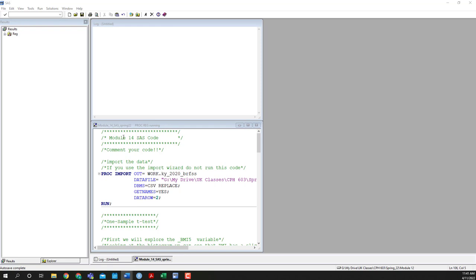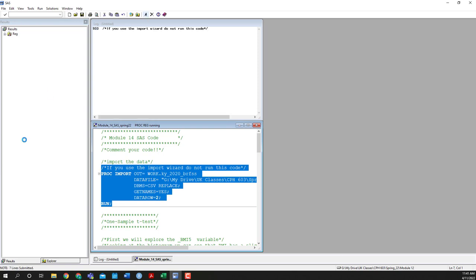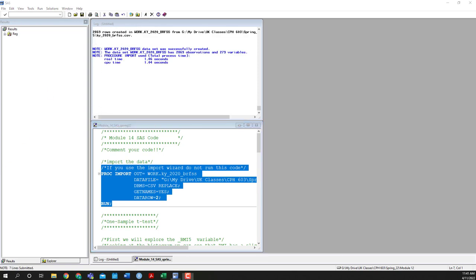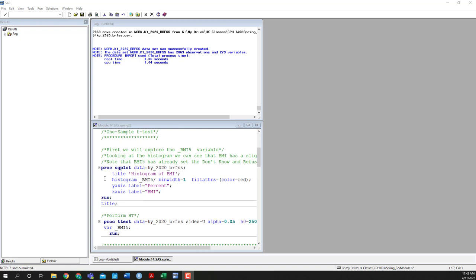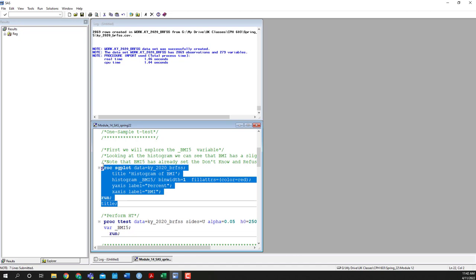As always, the very first thing I'm going to do is to read in the data. Looks like our data read in well. Right, so next we can look at the code to perform the t-test. The very first thing I'm going to do is go ahead and make a histogram of the BMI variable.